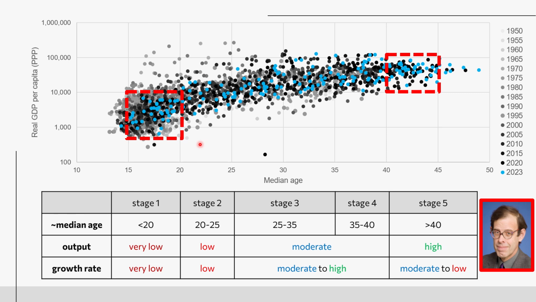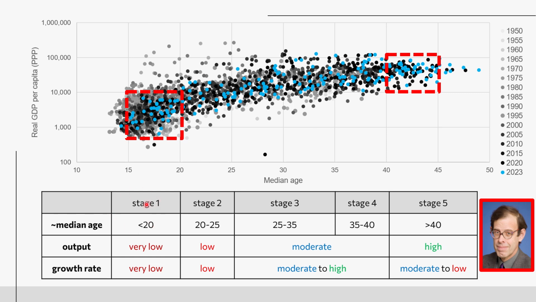Effectively, when nations are young, the realm of possibilities is constrained. You're either low income or very low income. And post-transition, median age of 40 and above, at the low end you're middle income, and at the high end you're upper or high income.